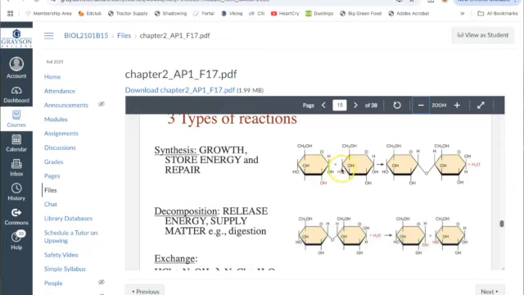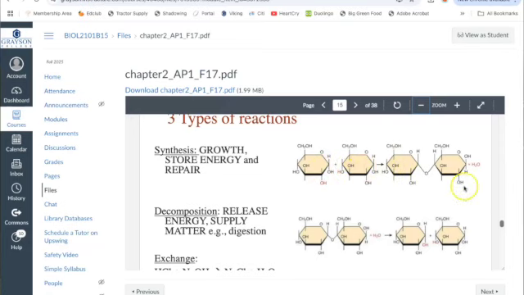Okay, put them together, it grows to be one molecule. Okay, so this is growing. Okay, this is anabolic reaction where it grows. Okay, like anabolic steroid.